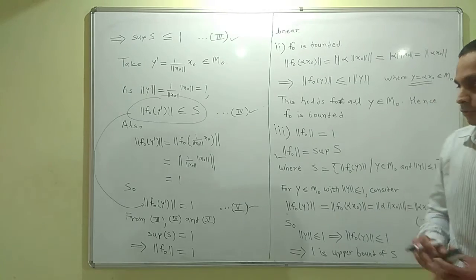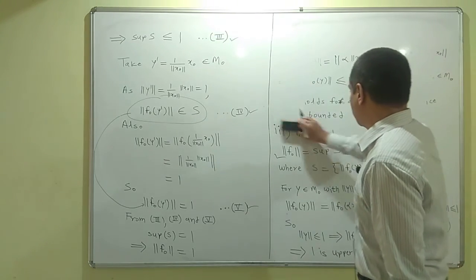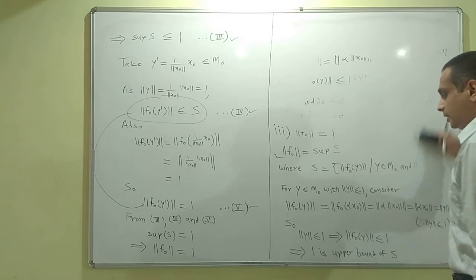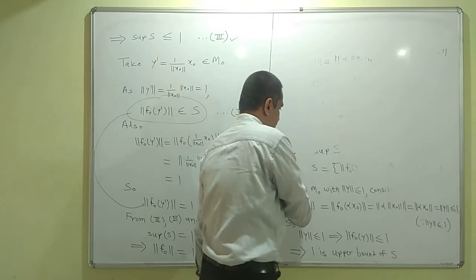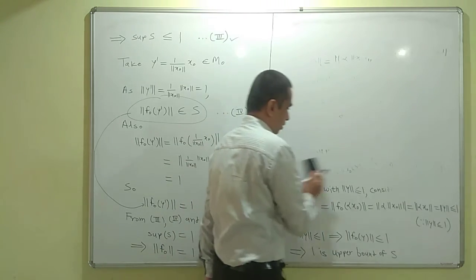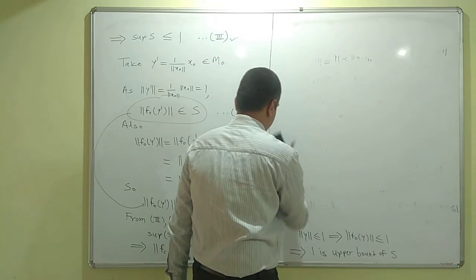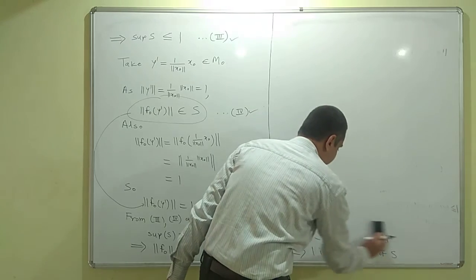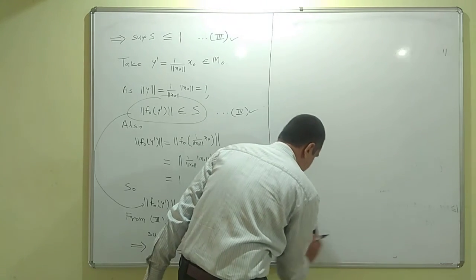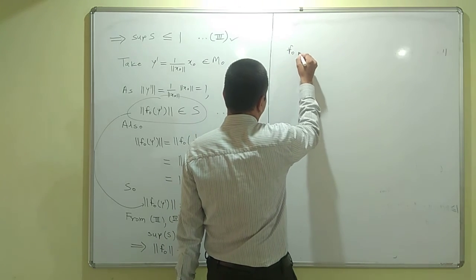Recall which properties we have proved for f0. We have defined a function f0 on M0 such that it is linear, bounded, and it has norm 1. So f0 is a functional.